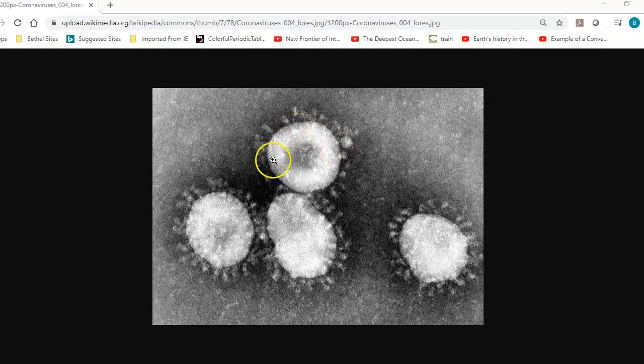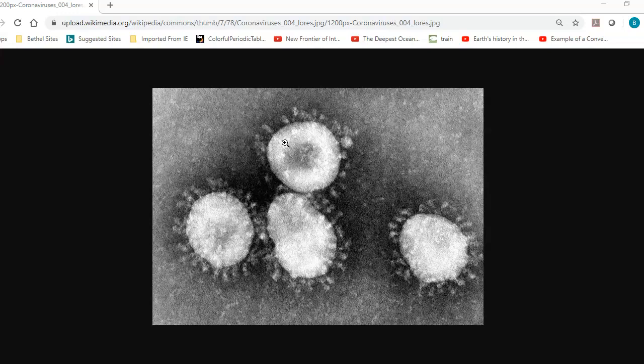So once inside the body, the coronavirus will merge with cells that it can get into, and it will inject basically its RNA, its genetic information, into that new cell. Now, since that RNA strand is already an RNA strand, it doesn't have to be transcribed from a DNA strand.